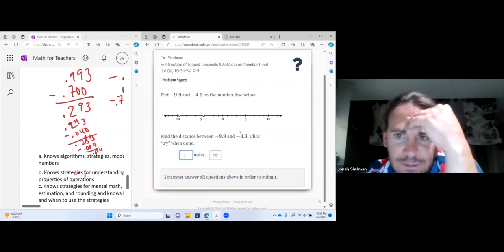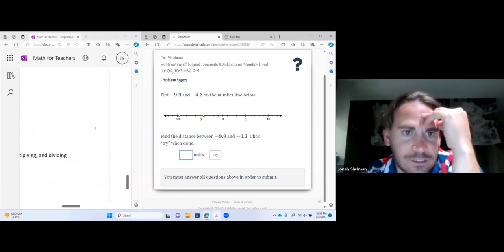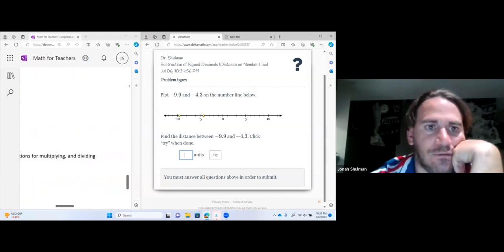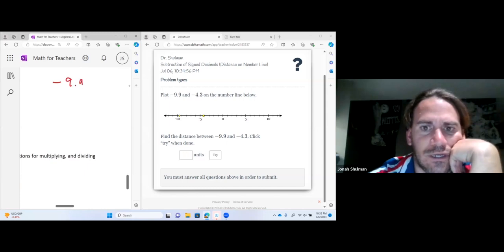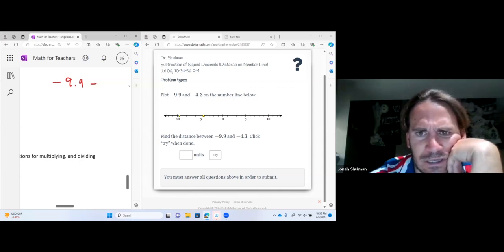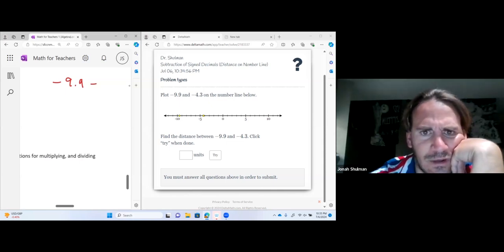Nice. Find the distance between them and click the units when we're done. So I'm not going to use the number line. I feel like that's kind of foolish. So I'm going to go -9.9. So it's a minus. So we just find the distance. So I'm just going to subtract the 2.